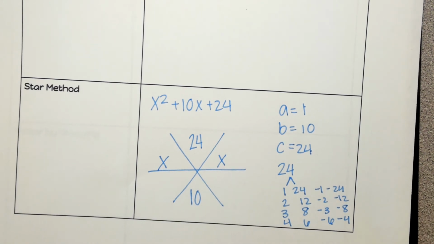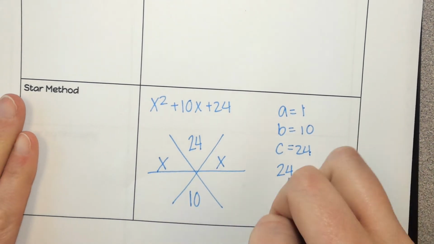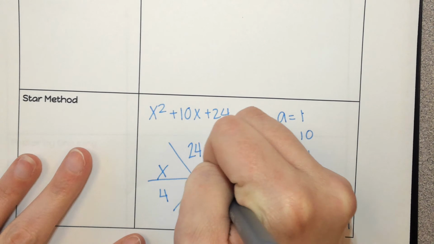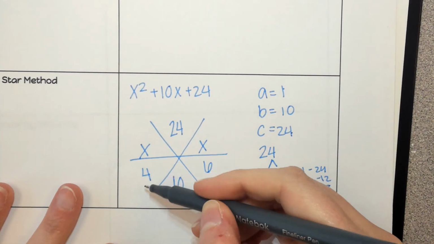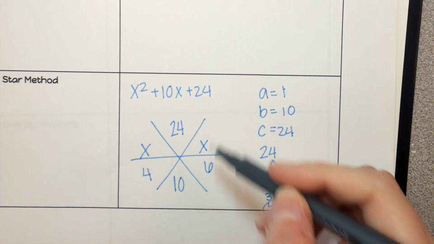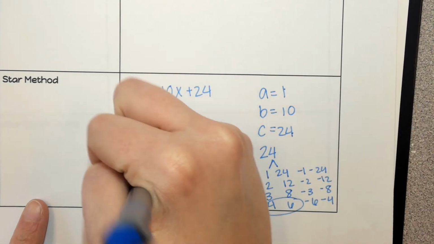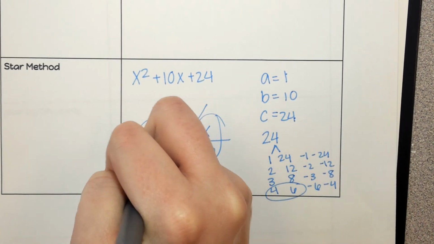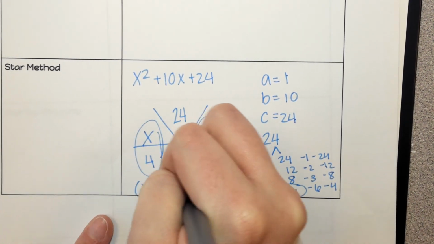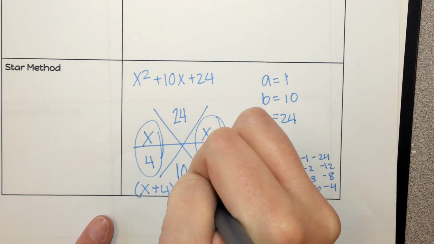So do you see a pair that will add together and give us 10? Yeah, 4 and 6. So we put a 4 on one side, a 6 on the other. We already have a 1 with the x, so a 1 over 4 can't simplify, 1 over 6 can't simplify, so we're just going to use these to make our binomials. So we have x plus 4 times the quantity x plus 6.